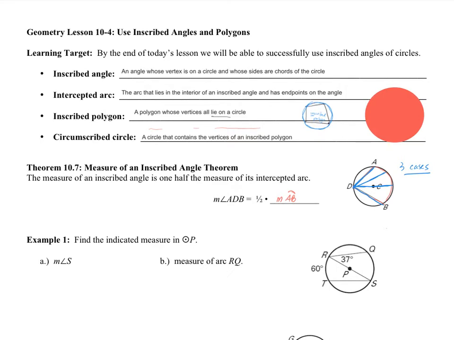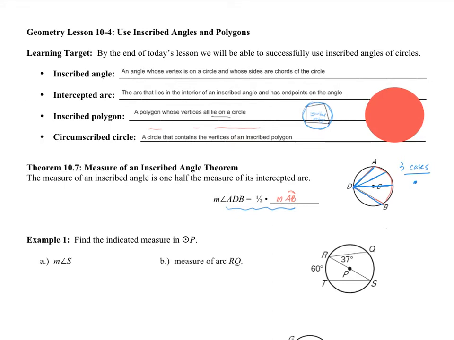And no matter which way you use to prove, it will always end up with this formula. So please take a look at the 3 proofs, and then I will also explain the proofs in class.